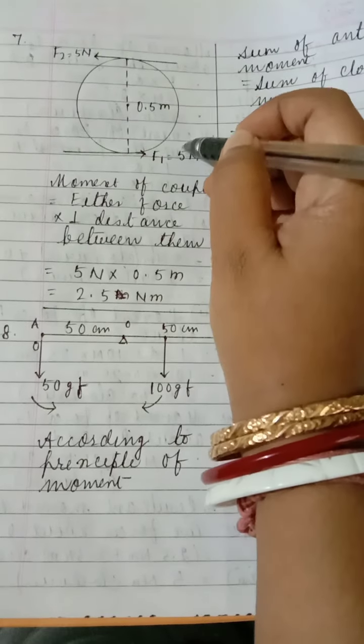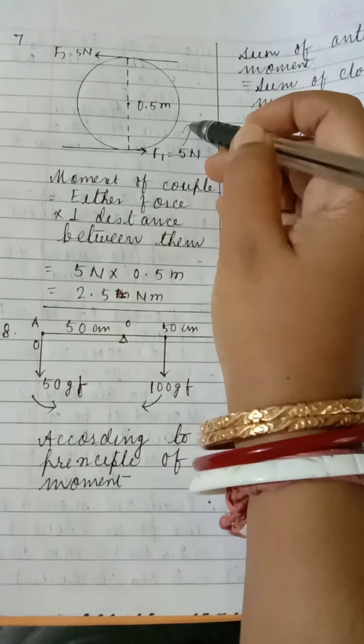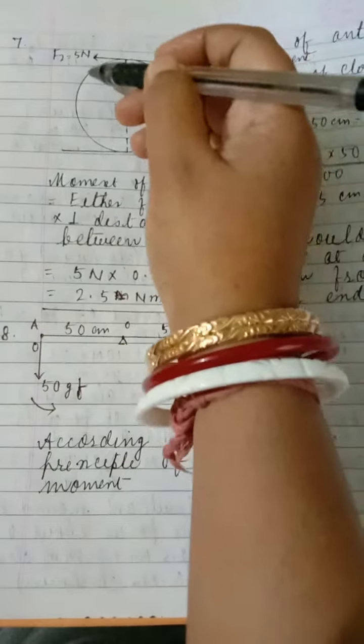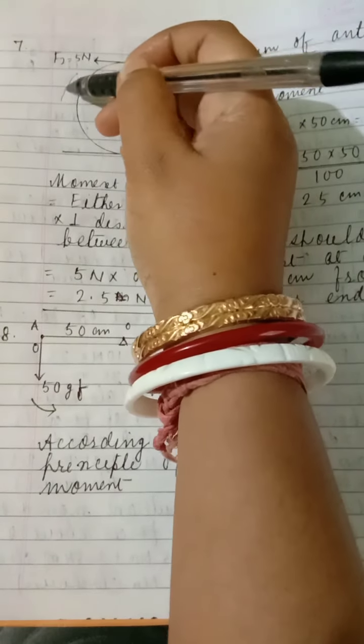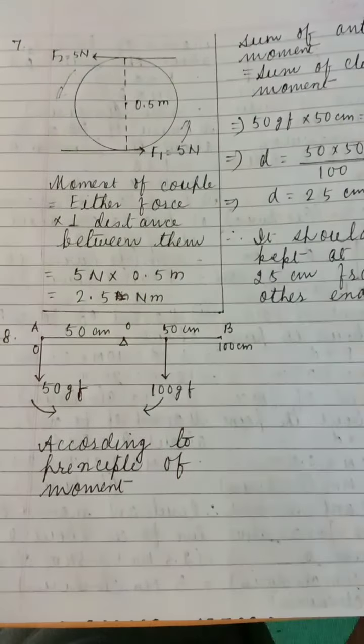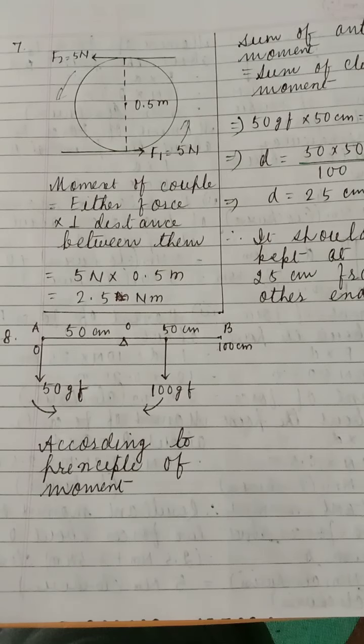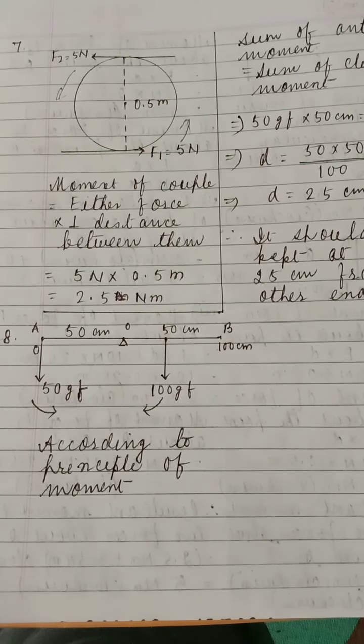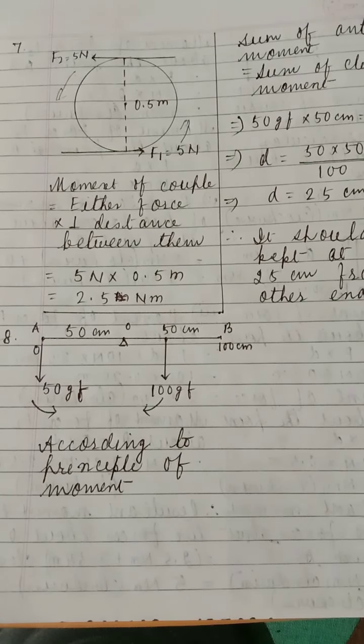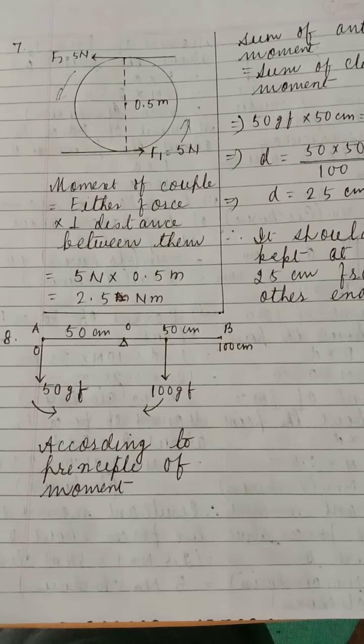That means this is the direction of rotation. In this way it is rotating. Draw a diagram to show the application of forces and calculate the moment of the forces applied.